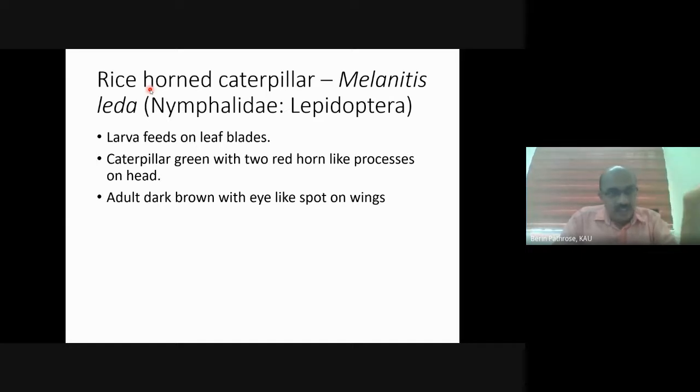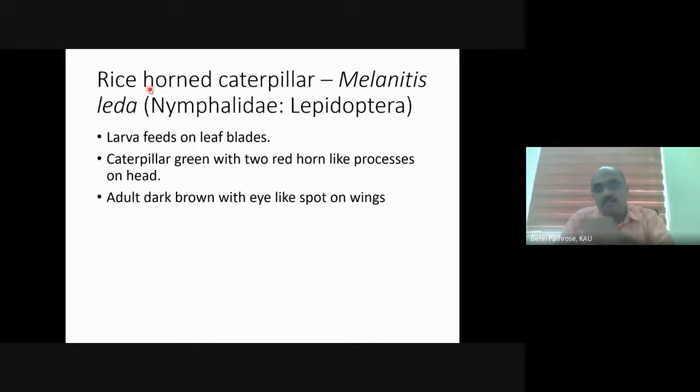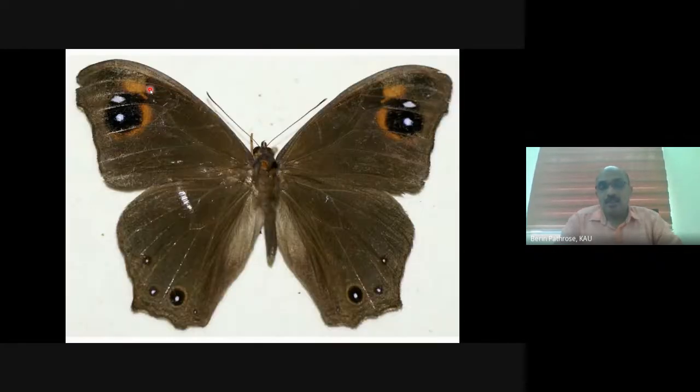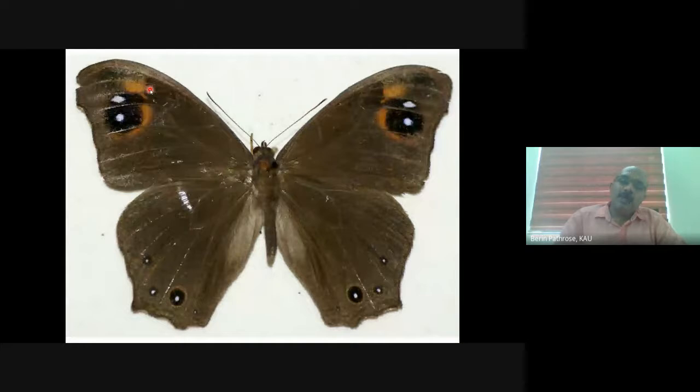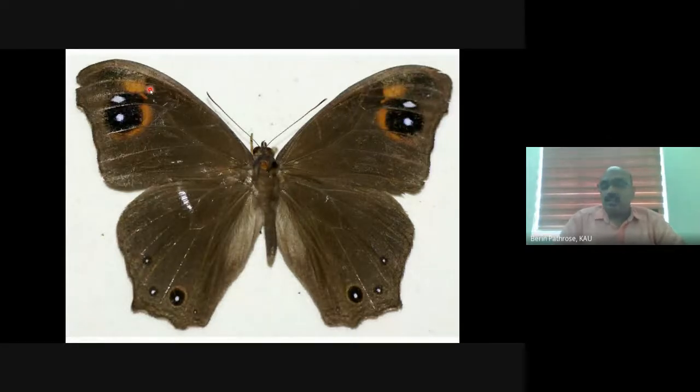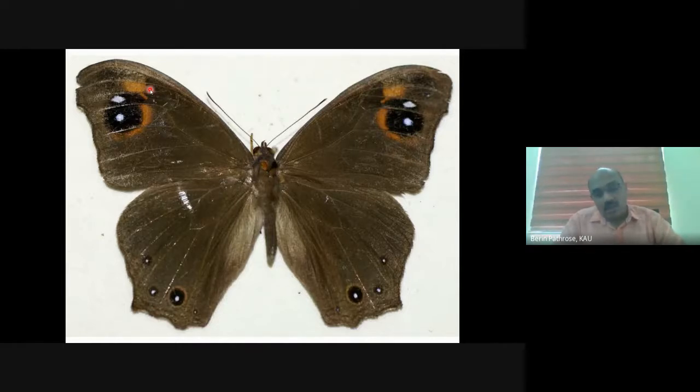The larvae feeds on the leaf blades just like that. It won't roll, it feeds on the leaf. I'll show the picture of the adult, then you can easily understand how the adult looks. See this. This is a very big one. You can easily identify it. You must have seen this in your home. Just after monsoon showers, this kind of moth is usually common in our home.